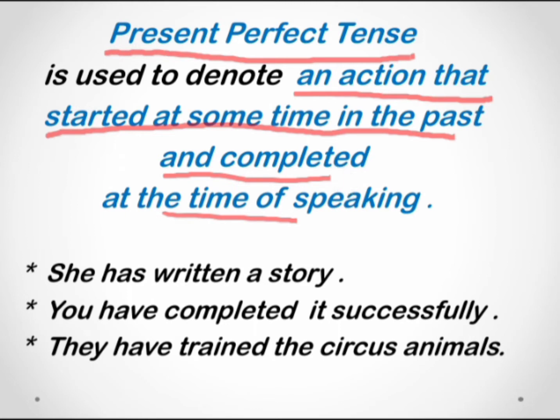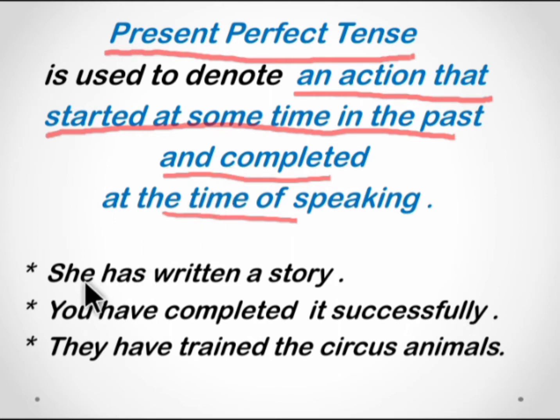So, the action began at some time in the past. It began earlier. It didn't get completed. It is continuing and it is getting stopped at the time when we are talking. So that is present perfect tense.